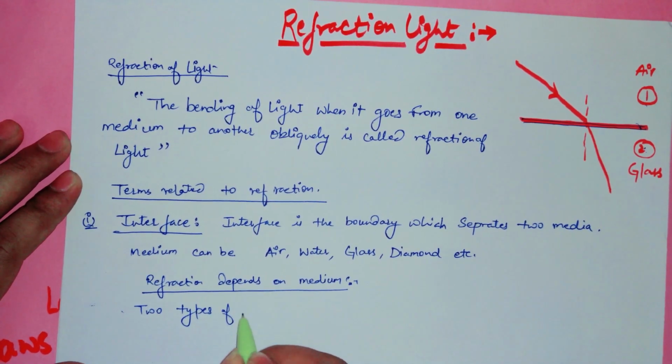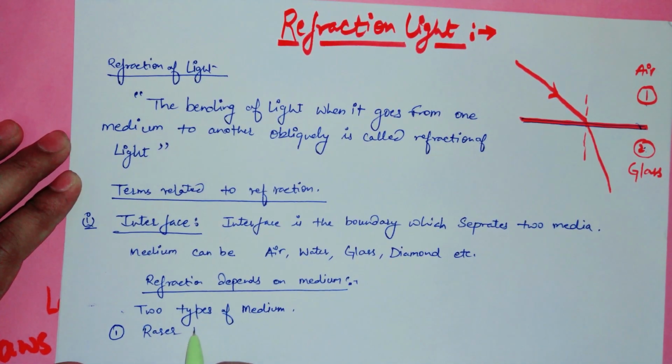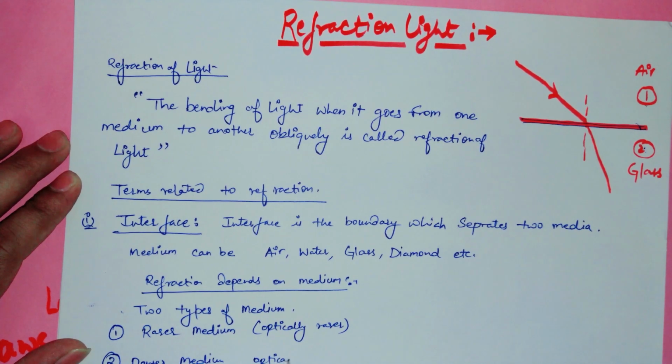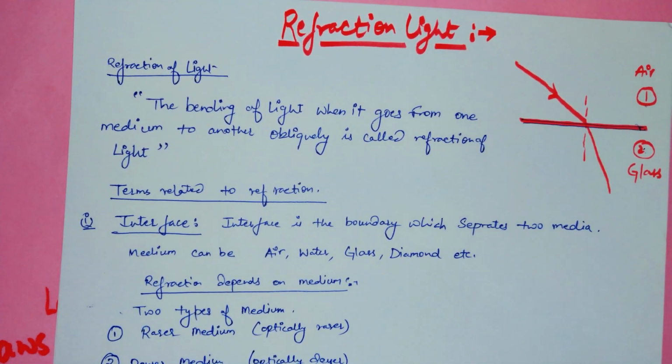First is rarer medium and another one is denser medium. Rarer medium means optically rarer, and this is optically denser. Clear?